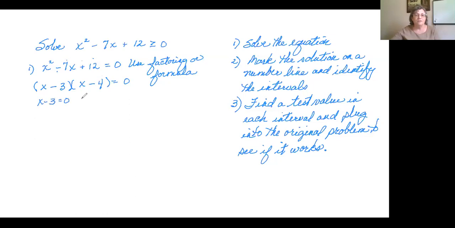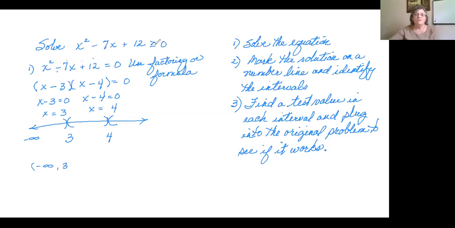Set each of these equal to 0. So that's going to give me 3 and 4. Now, if I mark these on a number line, I got 3, I got 4. The intervals these mark out consist of the interval from negative infinity to 3.